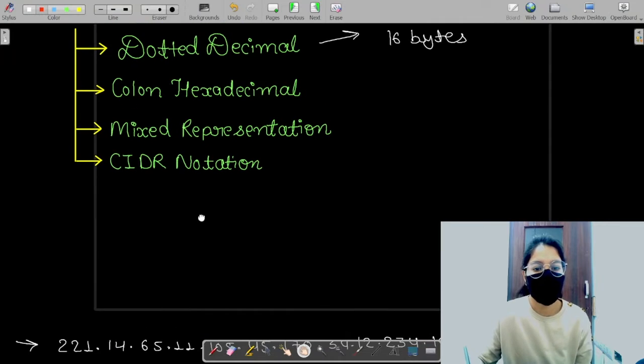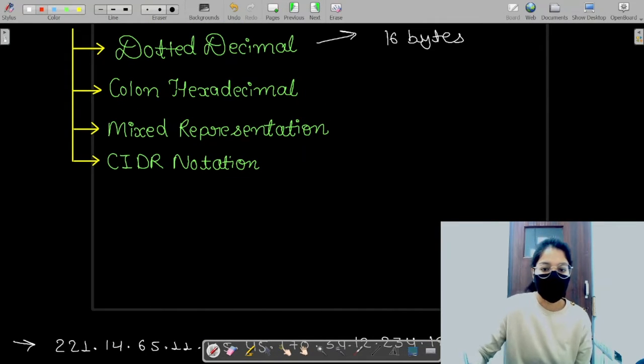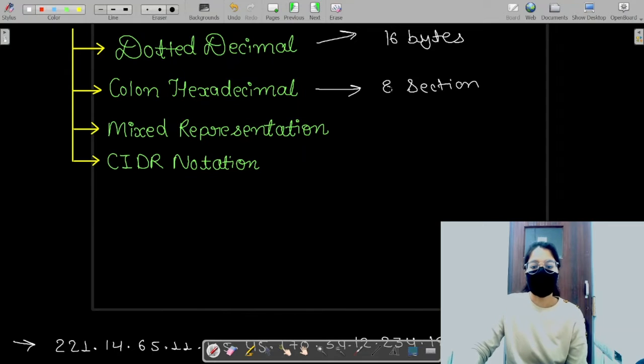The second notation is colon hexadecimal. In colon hexadecimal notation, what we are doing is dividing 128 bits into 8 sections, and each section is 2 bytes long.